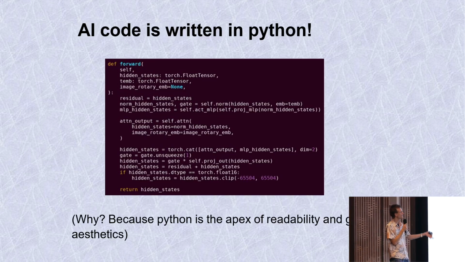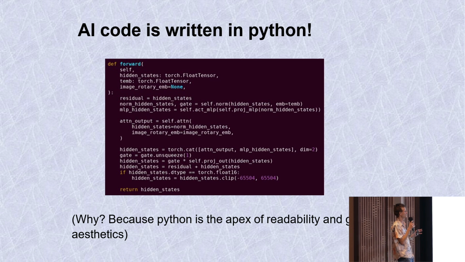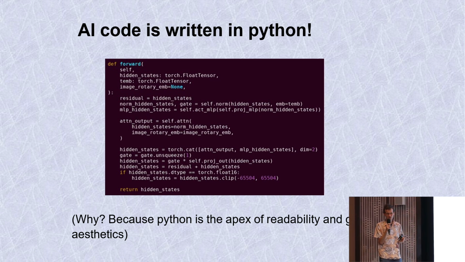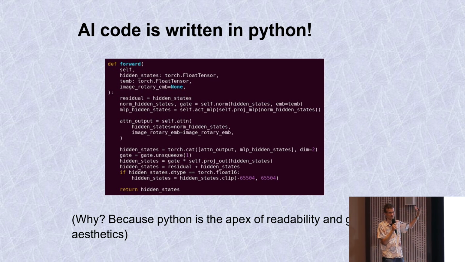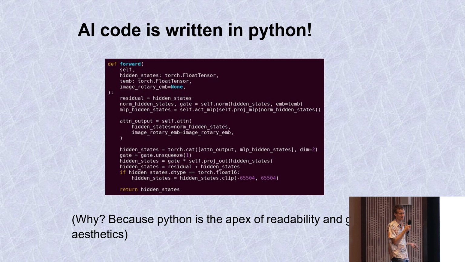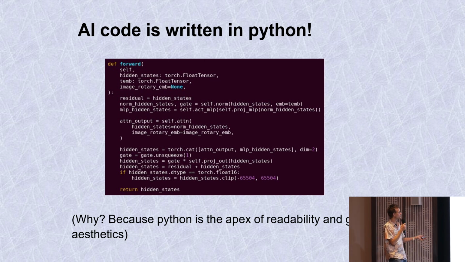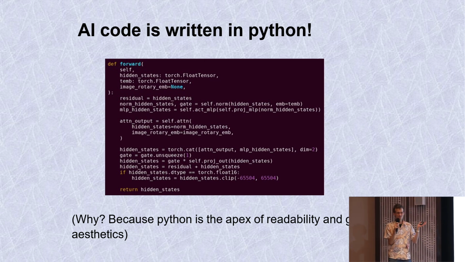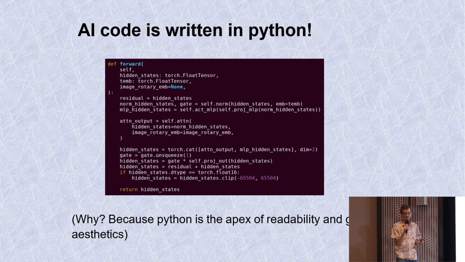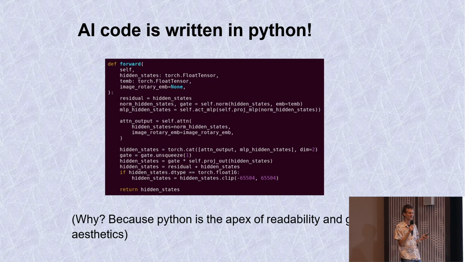This is a screenshot I've taken of some code from a transformer implementation, and I'm sure the nerds here understand exactly what it does. It's a forward pass of a transformer. And why Python? Because Python is the best language, right? Python is the apex of readability and good aesthetics.